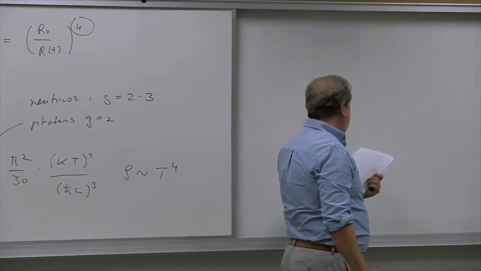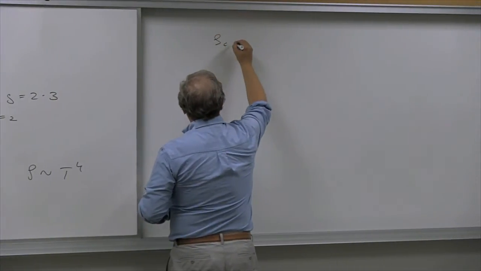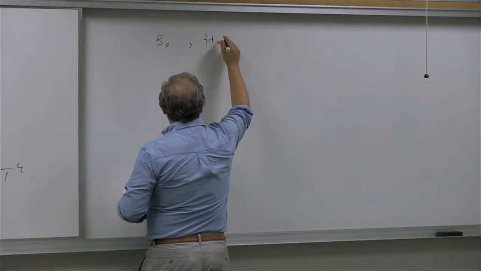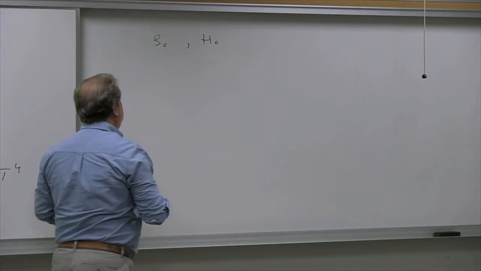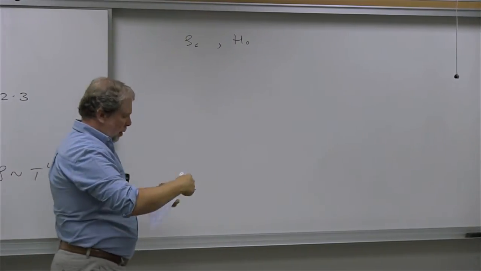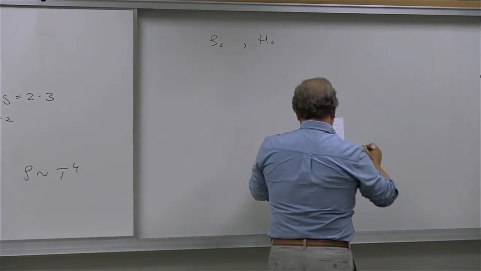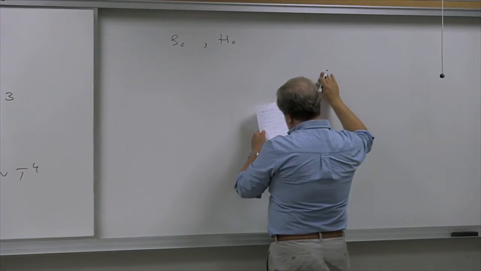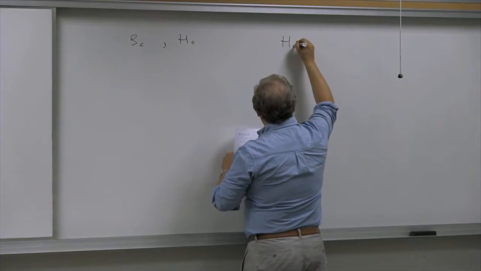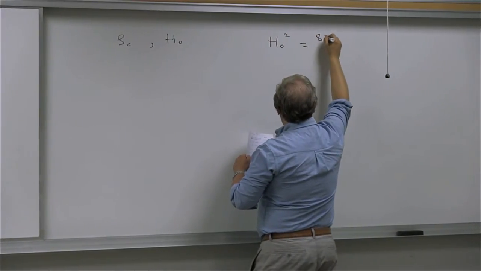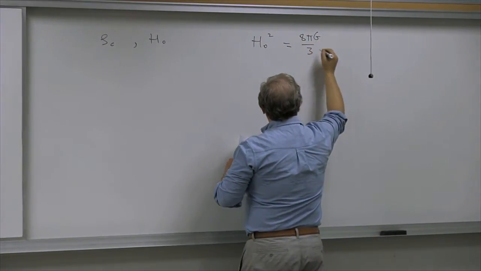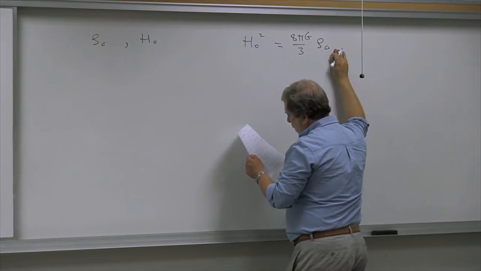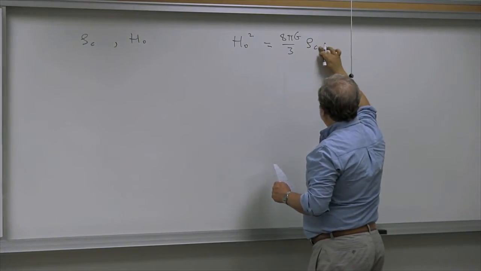So we introduced this critical density. We introduced the Hubble constant, maybe today, maybe at some other time. This also depends on time, right? Let me rewrite what the result was: the critical density, so H naught squared, was equal to 8 pi G divided by 3 times this rho critical, today.